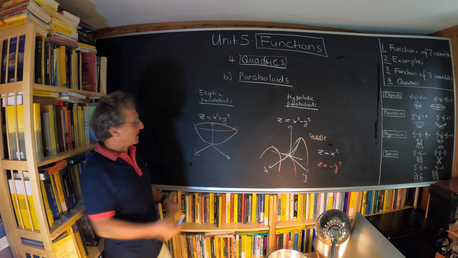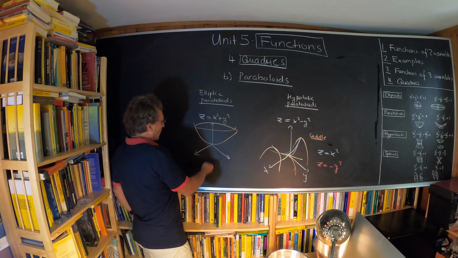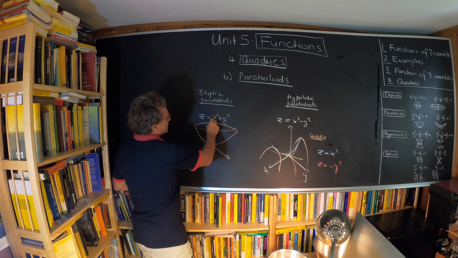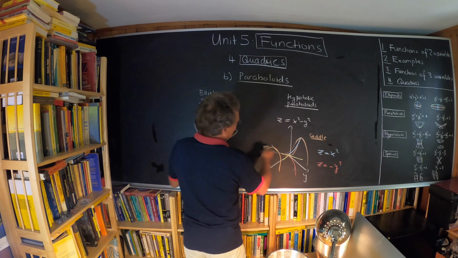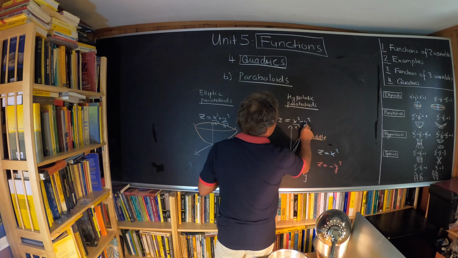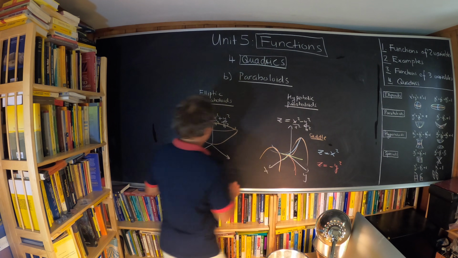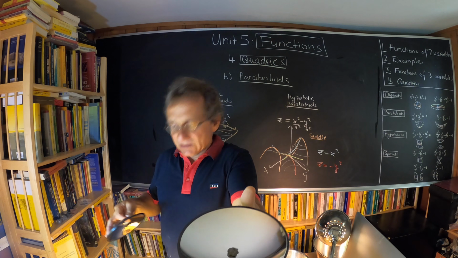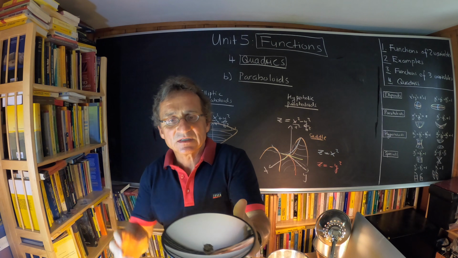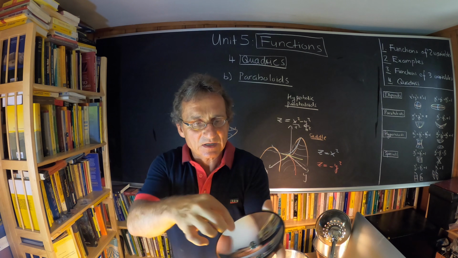And also here we can just deform this, and we can say x squared over a squared, y squared over b squared. Then we have ellipses here. We can just deform that. So that's a parabola. You see that parabola here?